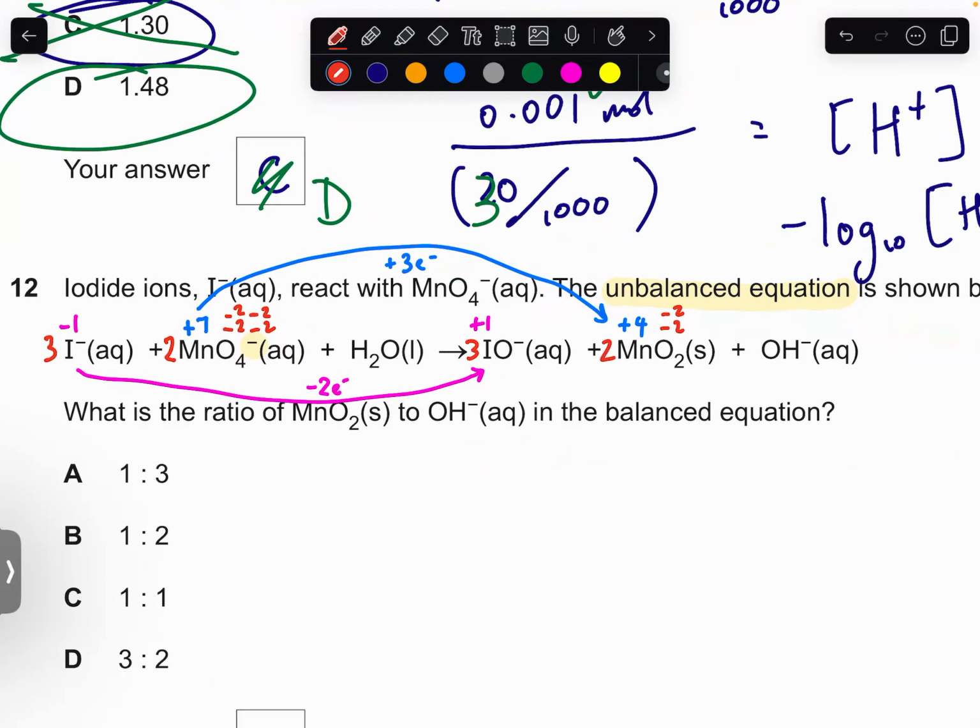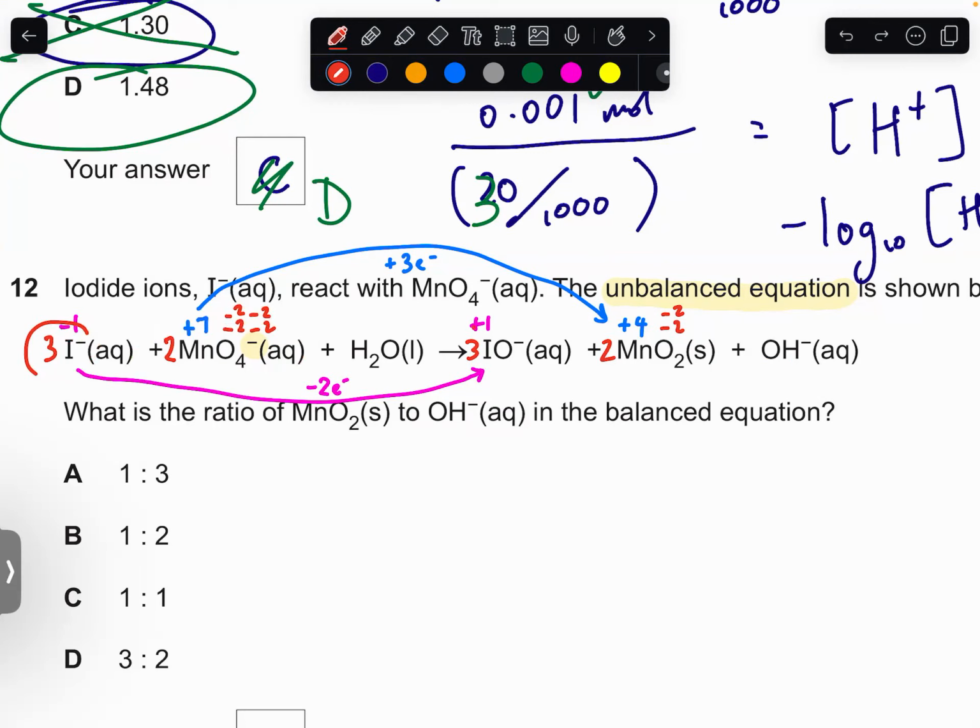And we now just look at the there's a little hack here. I can't think of another way to do this. But the hack is, look at the charges on the left-hand side. You got 3 minus plus 2 minus gives you 5 minus.